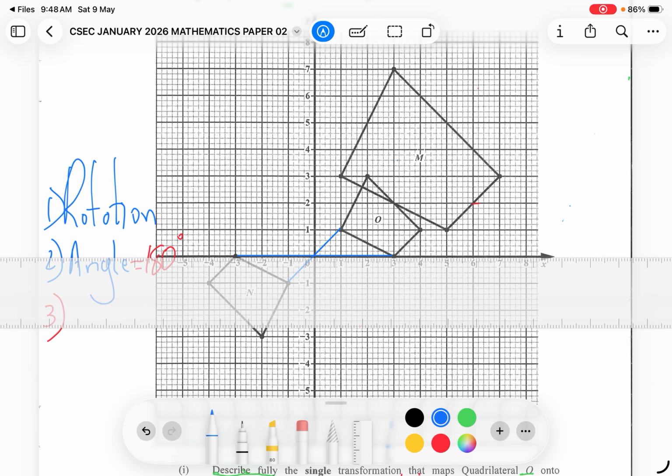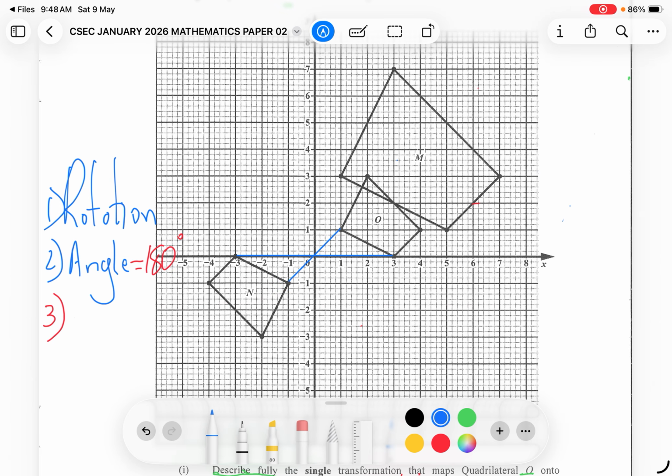Am I done for rotation? No. There's something special about rotation that we must do when we're trying to find the center of rotation. After we have aligned our corresponding points, we cannot generally assume that the center of rotation is where the two lines meet. This only occurs in some situations and not all. For this one, actually, it will, and you will see that, but I don't want you to take it for granted that it is always going to be the case.